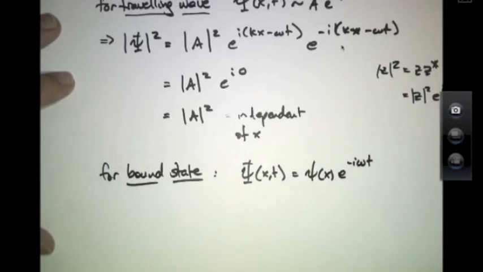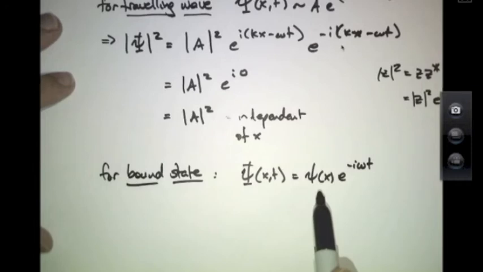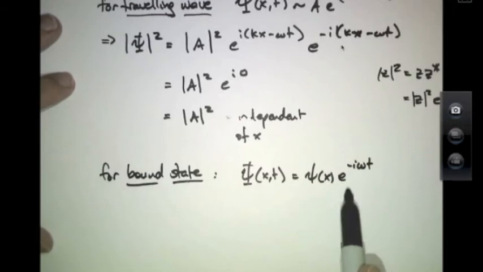That's the general form for a bound state, where you will show on the homework that solutions to the Schrödinger equation, i.e. states of definite energy, for a bound state are always going to be separable. The spatial parts can be separated into one function, the time-dependent parts can be separated into another function, and the time-dependent part is always this exponential e to the minus i omega t.